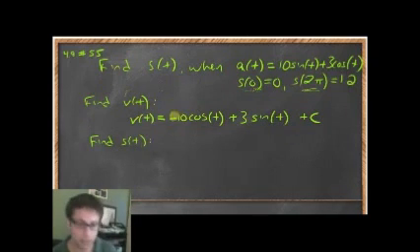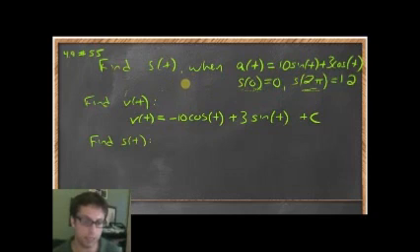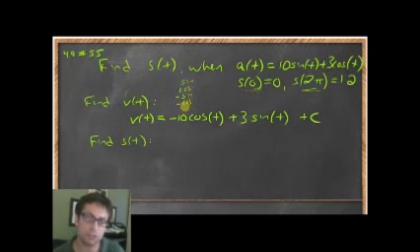Now the antiderivative of negative cosine. Off to the side, you have sine, cosine, negative cosine. This is how derivatives work. So if you're not sure what the antiderivative of negative cosine is, just do this, and then go backwards.